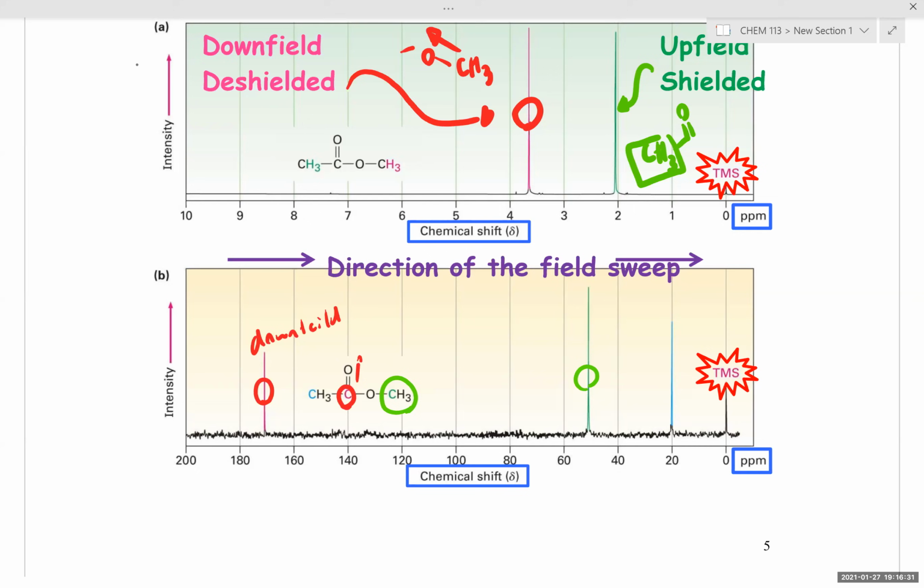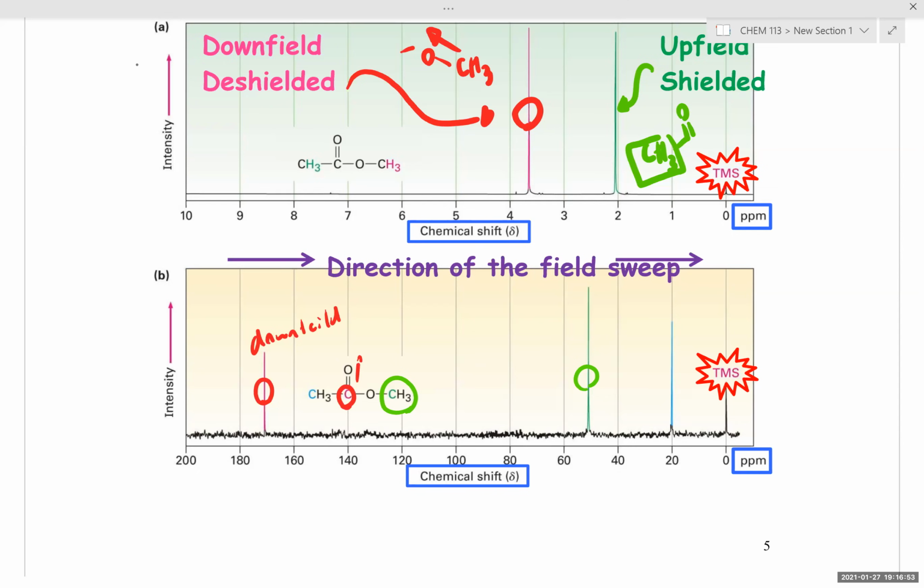So the methyl closer to the double bond oxygen is more shielded. Is it the double bond that's making it more shielded? Rather than thinking about something causing shielding, think about electron withdrawing groups as leading to deshielding.